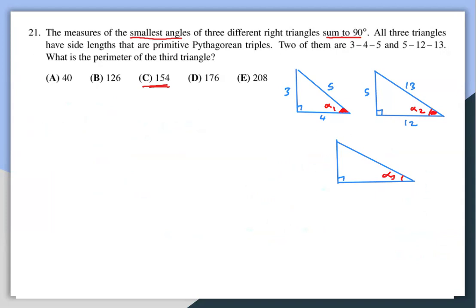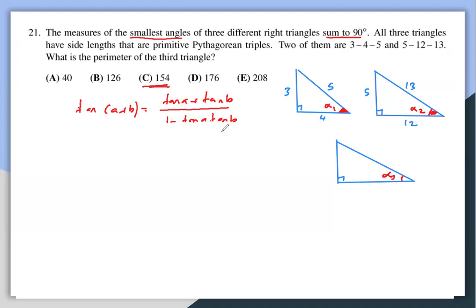Okay, so for the tangent, I'm gonna remember that the tangent angle sum, so A plus B, right, is equal to tan A plus tan B over 1 minus tan A times tan B. So like in this case, A and B, I'm gonna use alpha 1, alpha 2 and stuff.